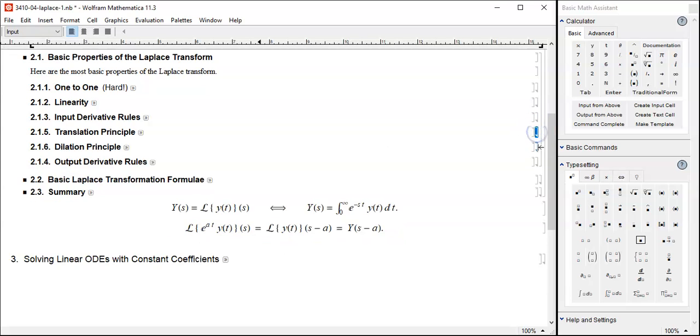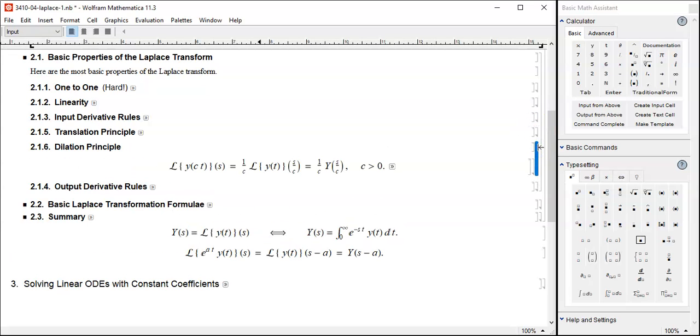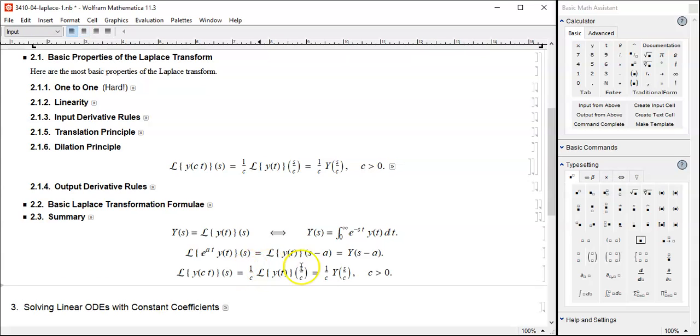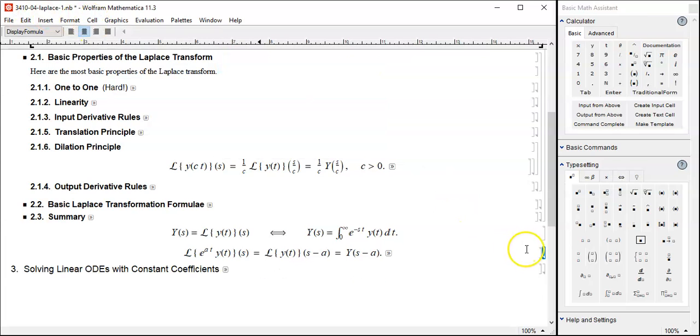Next, dilation principle. Maybe not as important as the former one, but let's talk about it anyway. Let's see, do I really have to copy and paste it over here? I don't know. Maybe it's not really necessary, so let's just keep it hidden for a while. How do we work it out?